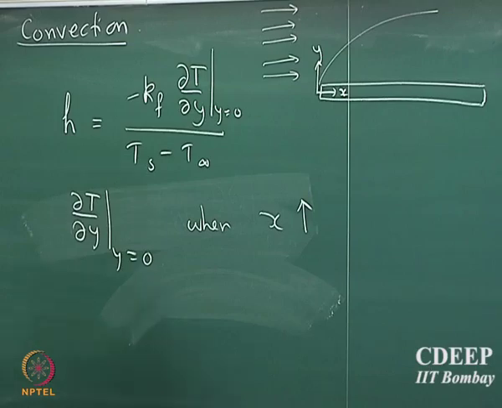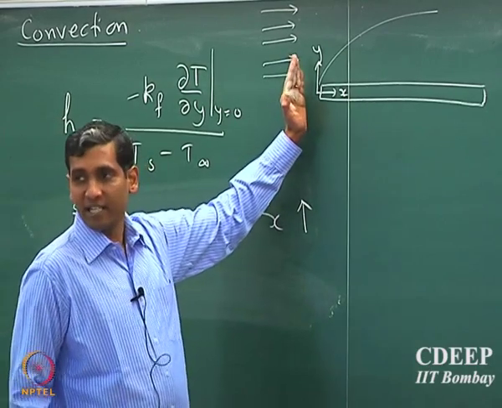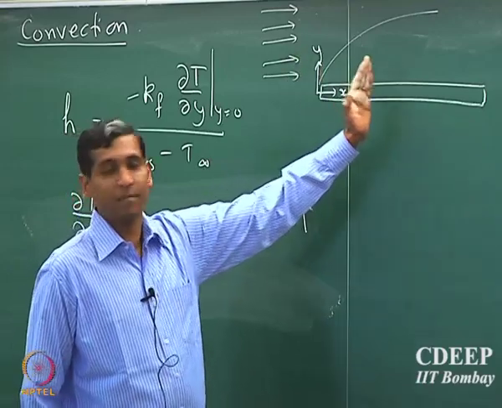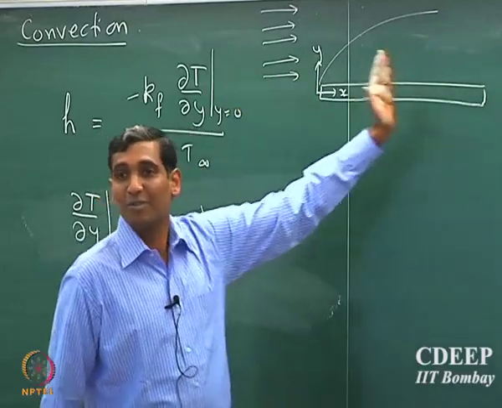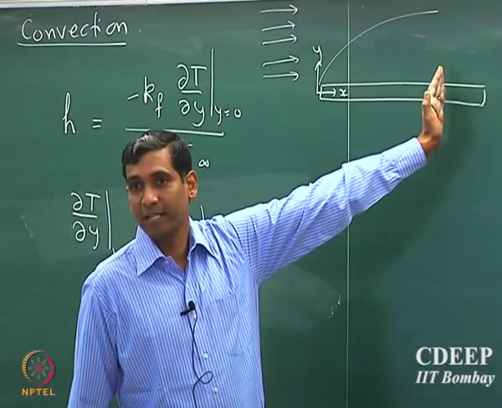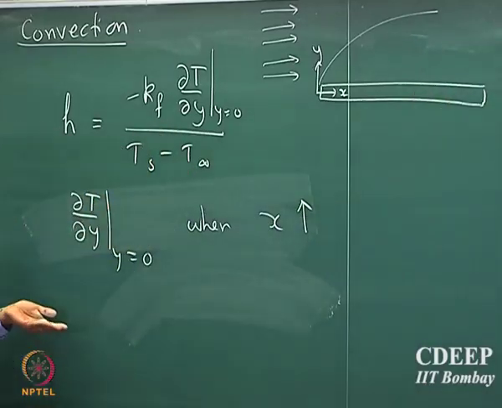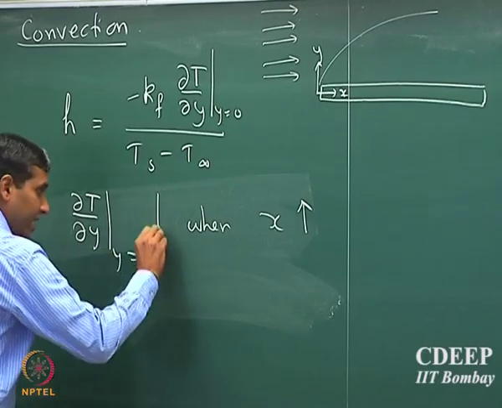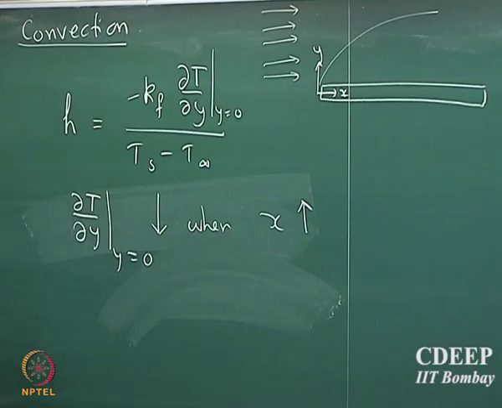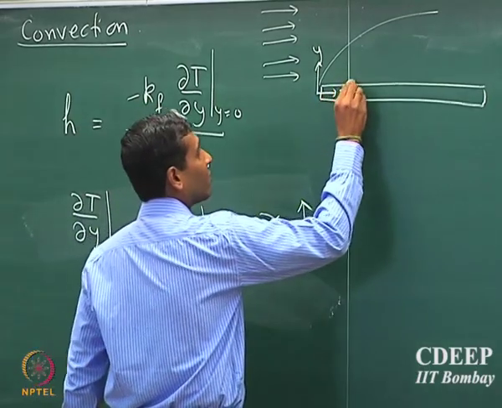Okay, so the residence or contact time of the fluid with the flat plate increases as the fluid particles traverse the plate, flowing past it. Therefore, you would expect that the fluid would have gained more heat from the flat plate, and therefore the gradient will decrease as you go further along the plate. This is the gradient at y equal to 0.